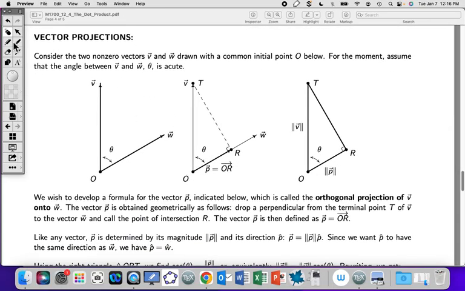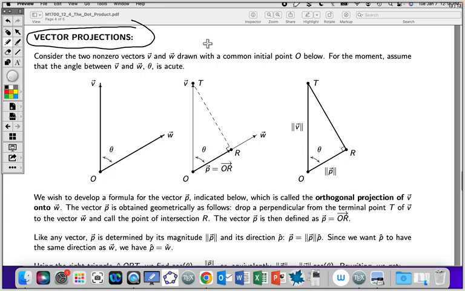Okay, now it's time to really get to what the dot product does. And this is the concept of vector projections. So once again, let's assume that we've got two non-zero vectors, and we'll put them at a common initial point. Could be the origin, really doesn't matter. What we're going to do is project V down to W. So if we think of shining a light above V at a right angle, this projection here, P, think of this as the shadow of V along W. So this is trying to see how much of V would be in W's direction.